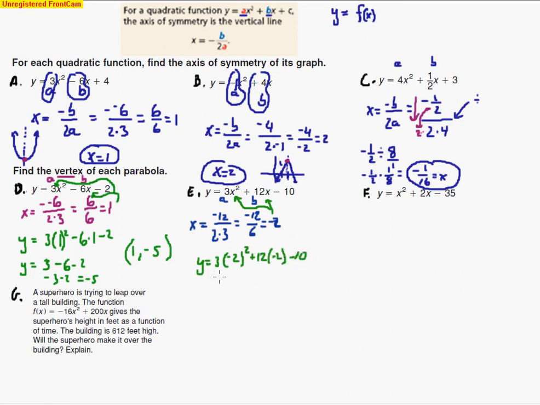So you do some work there. Remember, exponents first. So 3 times 4, and then plus negative 24 minus 10. And here's something you'll notice when we're trying to find this vertex. Now remember, these graphs are symmetrical. So if I draw one with the y-axis as the axis of symmetry, we're trying to find this axis of symmetry right here, this vertex. So what is on one side is going to be exactly the same distance from that line on the other side.